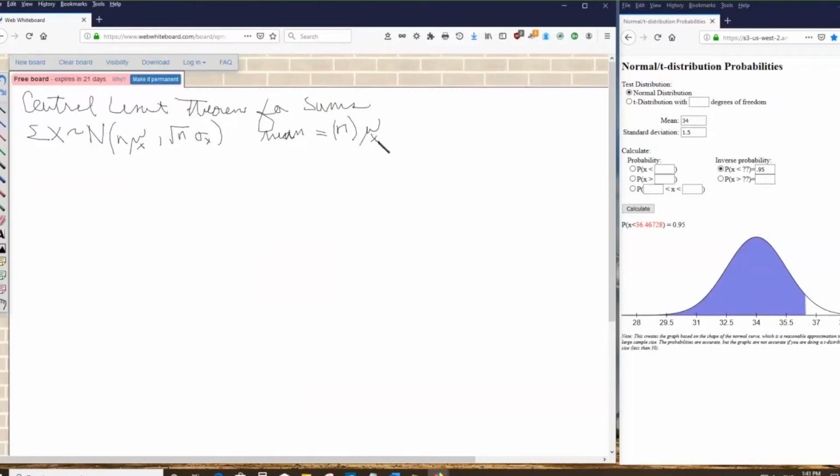One thing you want to be careful with in the notation is that they use the same symbol, the mu with a subscript of x, for the sums that they do with the means, but this mean is referring to the original mean from the original distribution. So this is your sample size times the original mean.